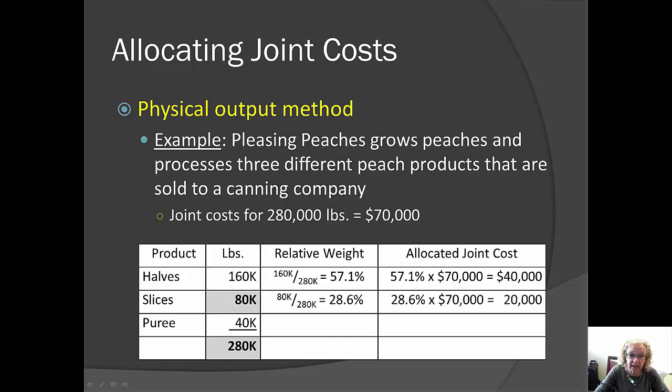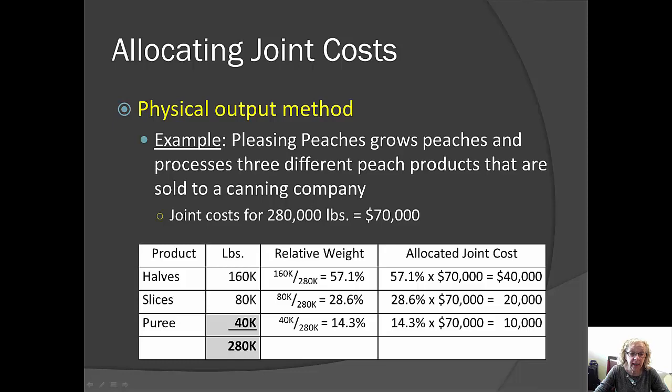The peach slices weigh much less. They only represent 28.6% of the total weight of peach products, so they are assigned 28.6% of the joint costs. The peach puree weighs even less.